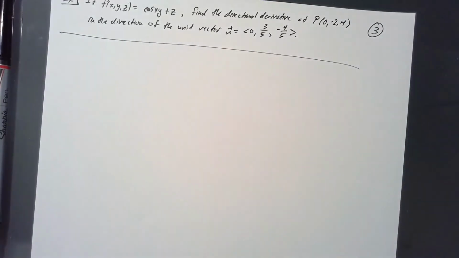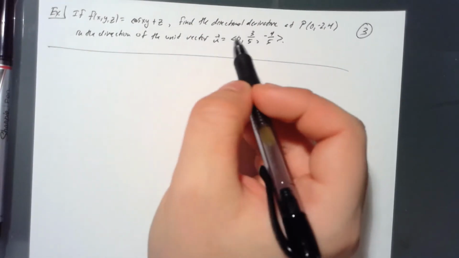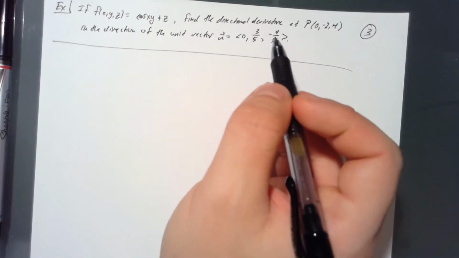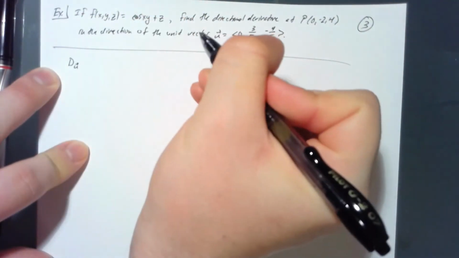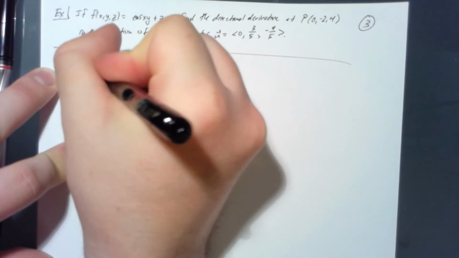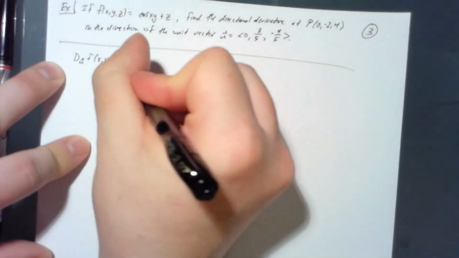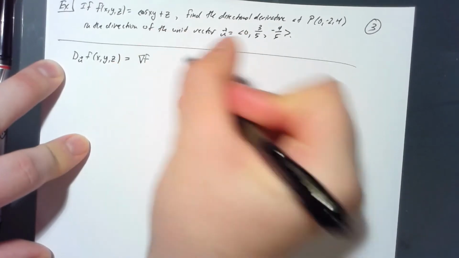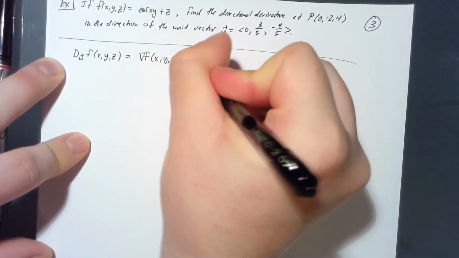But here, I told you that this is a unit vector, so I don't have to find one. I'm already given one. So I'm trying to calculate the directional derivative of the function at a given point, and that's equal to grad of f at xyz times u.